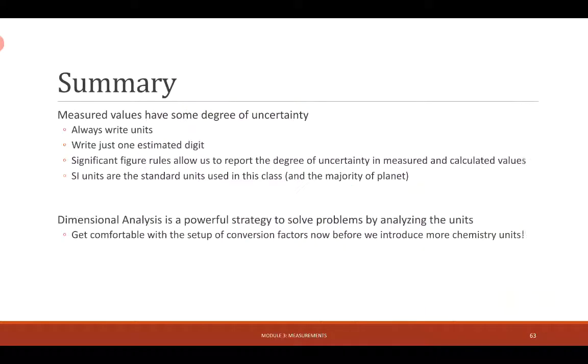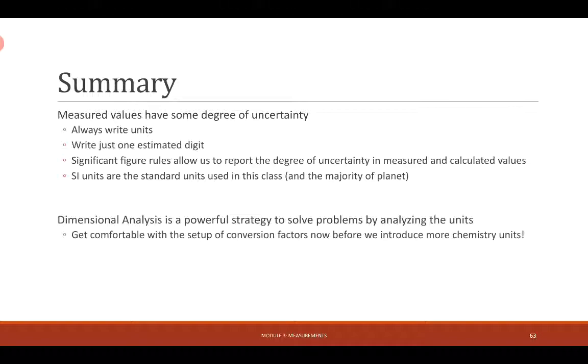All right. In summary, I hope that you have learned in Module 3 that measured values have some degree of uncertainty. You should always write your units, and when you record measurements, you should have just one estimated digit that reflects the precision of the instrumentation used. Significant figure rules should be followed throughout all calculations, and you should put units on everything.